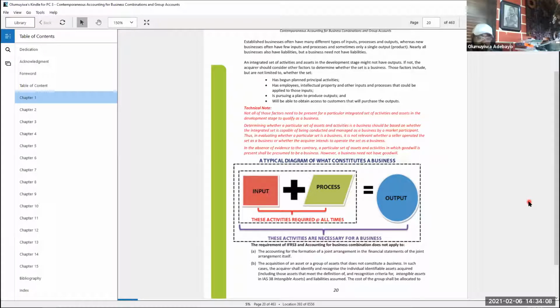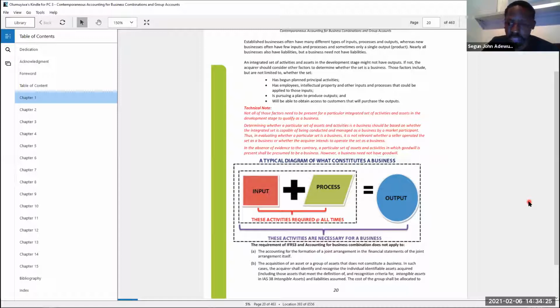I think I can add to that. There's something she talked about: the inputs, the process, and the outputs.